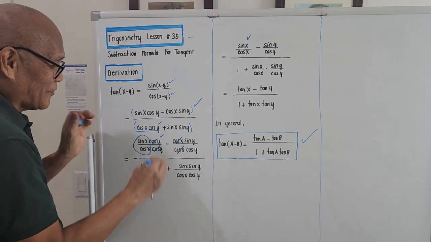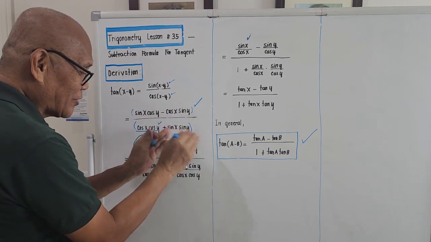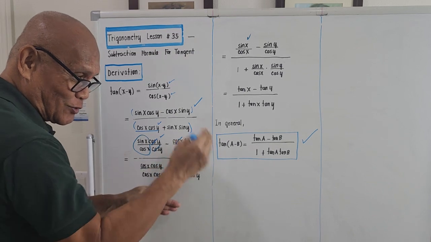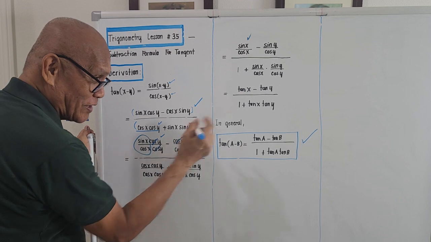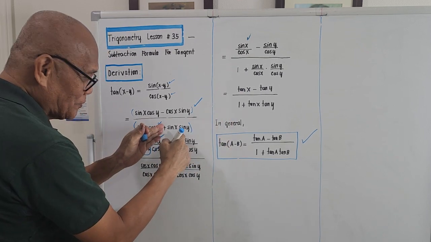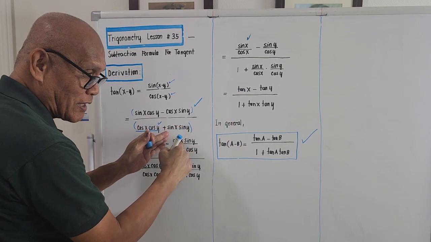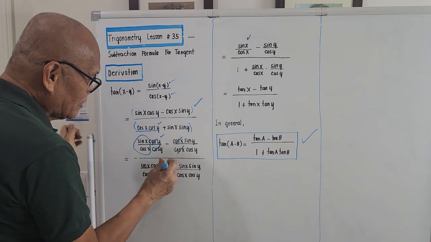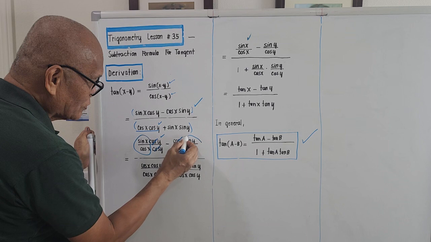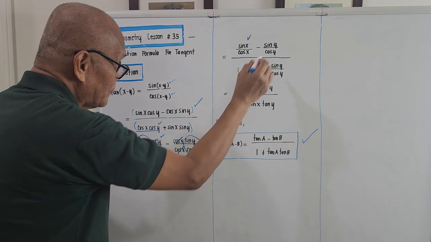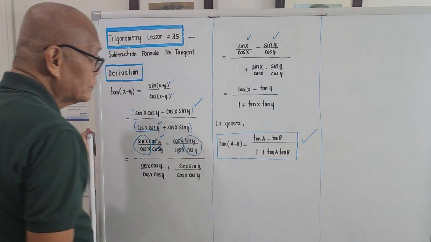Why does it cancel? The operation on both the numerator and denominator are actually multiplication, so we can cancel. But just in case the operation here is plus, you cannot cancel. Since the operation for both the numerator and denominator are actually multiplication, we can cancel. So cosine x cancels. What remains will be the ratio sine y over cosine y. Right?